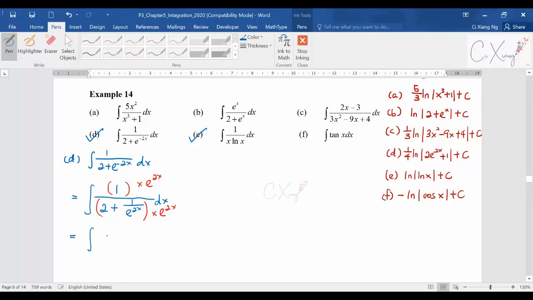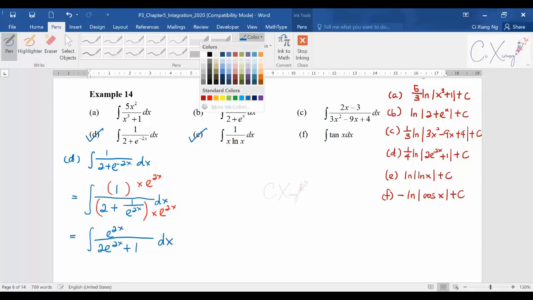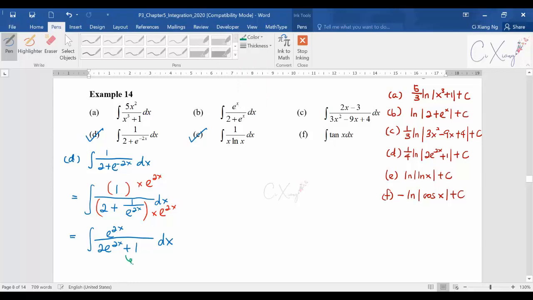When you multiply e to the 2x already, you double check and see that you have 2e to the 2x plus 1. At this stage only, you try to check your fraction again. So your fx is what? Fx is 2e to the 2x plus 1.